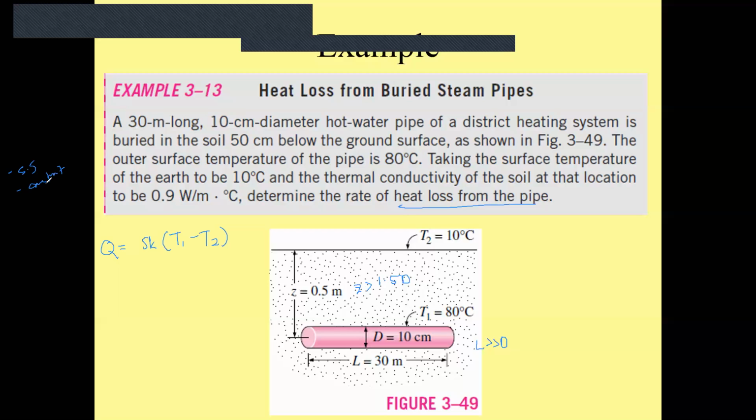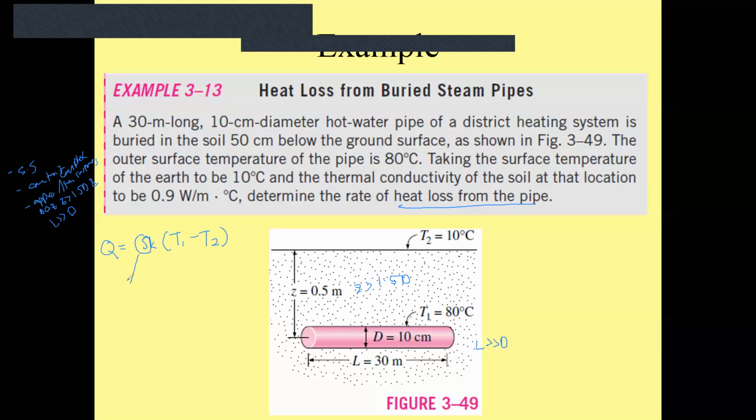And then you can say that it can be approximated to complex fin surfaces, because Z is larger than 1.5 the diameter, and L is very large compared to D. Now you have to find S.